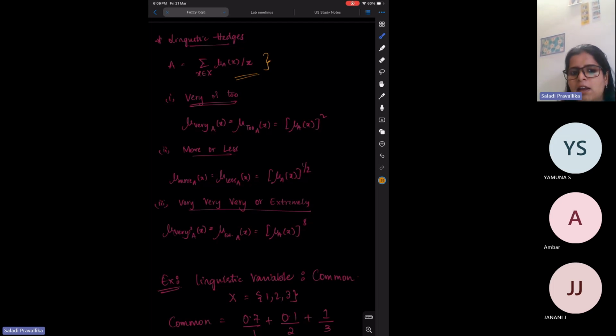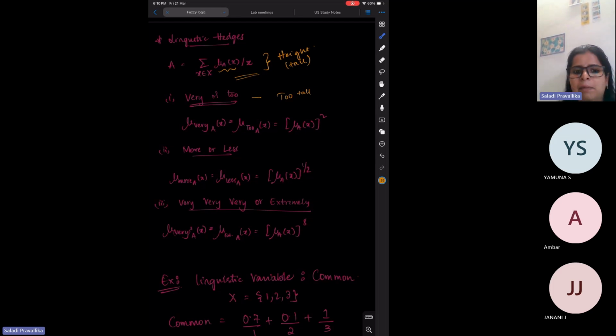And let us call this height or tall. So here I'm saying too tall. Let us say our fuzzy set A here represents tall. And if I want to know a person who is too tall, okay, then what we have to do is replace this mu of A with mu of A whole squared. For very, or too, the membership value has to be raised to the power of 2.